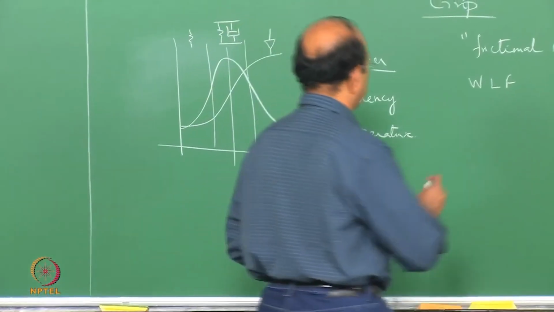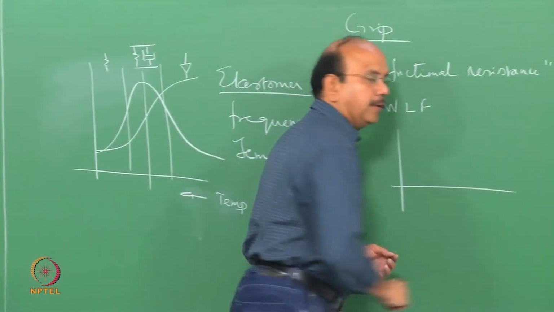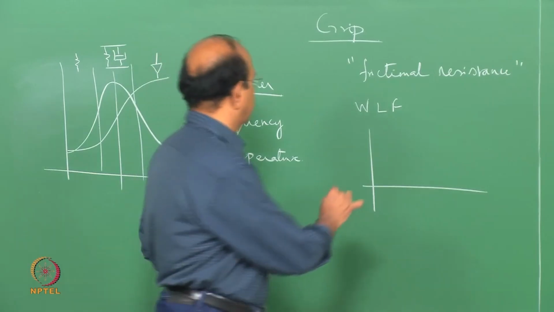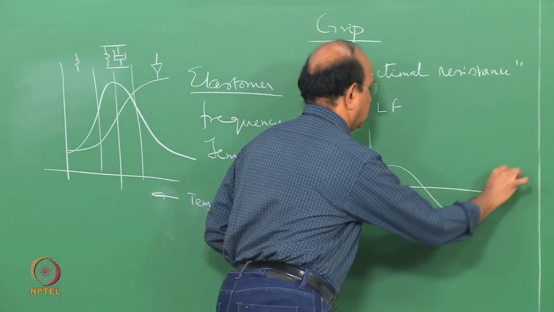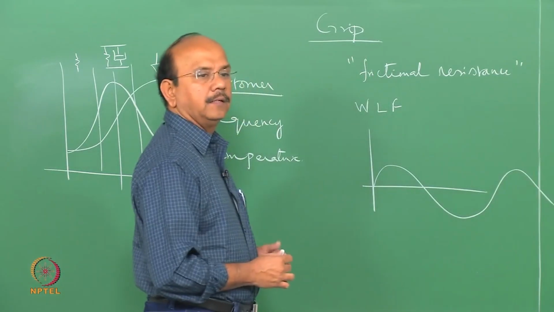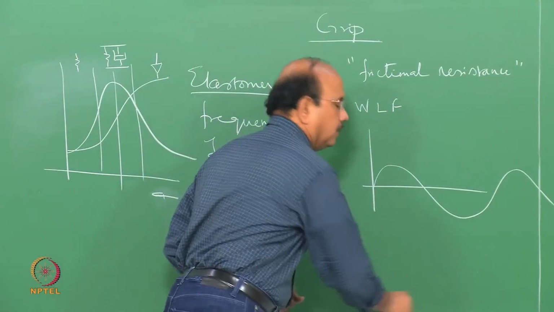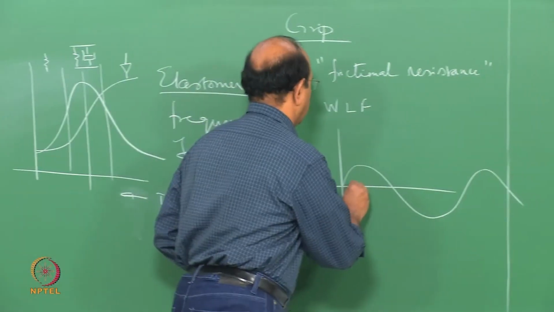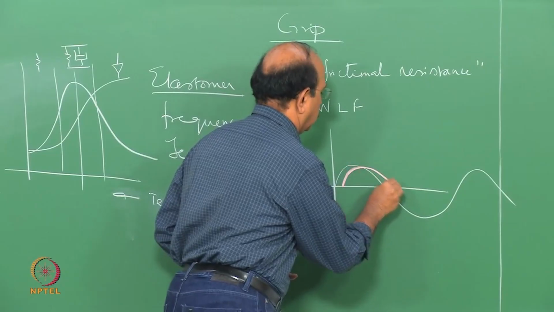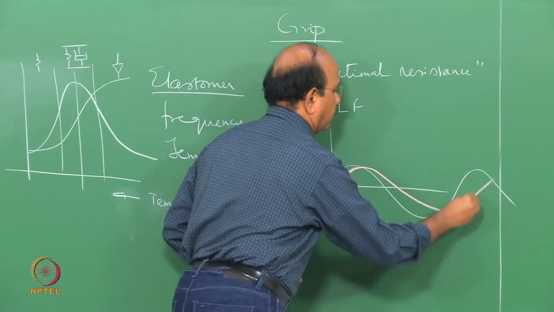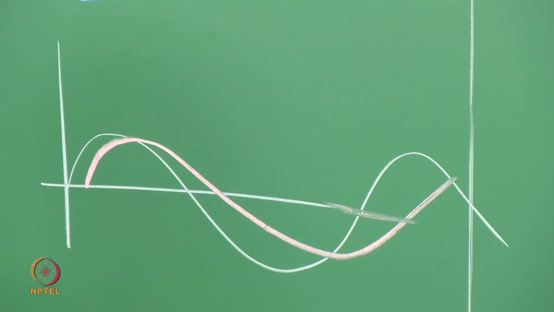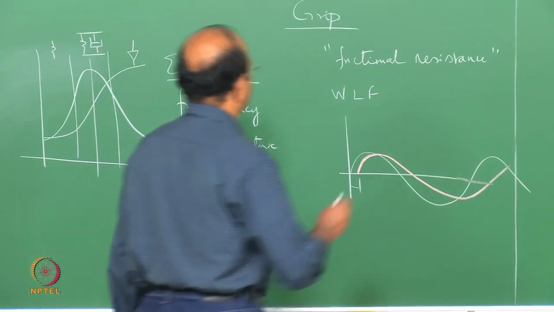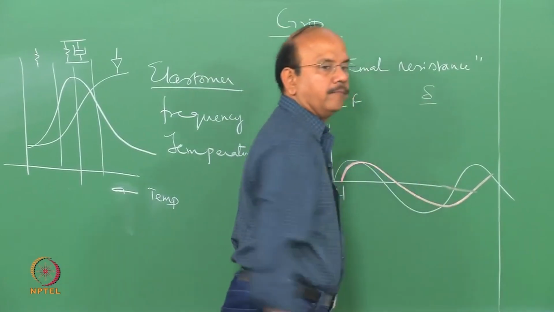So if I now plot the stress and then plot the strain, it develops something like this, and there is a phase lag between the stress and the strain given by the angle delta.